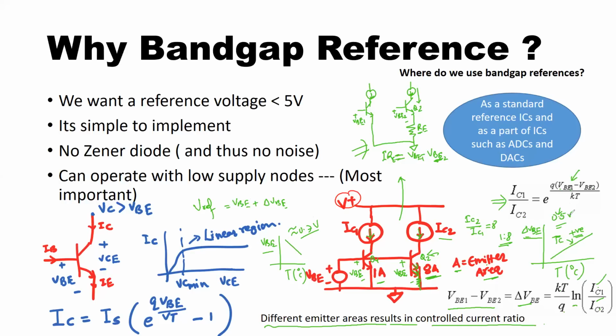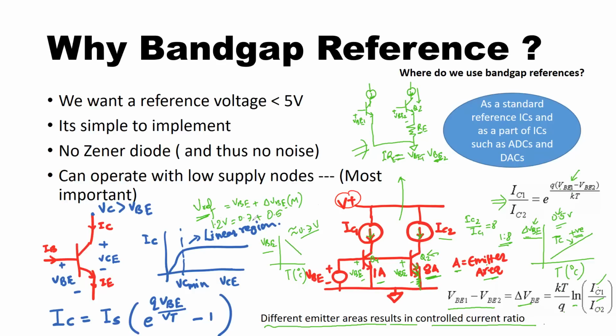So you need to multiply this quantity delta VBE with some factor. So let's call it M, and then only you will be able to produce 1.2 volt. This will be your 0.7 approximately, plus this will be approximately 0.5 volt. Then you will be able to produce 1.2 volt of V reference.